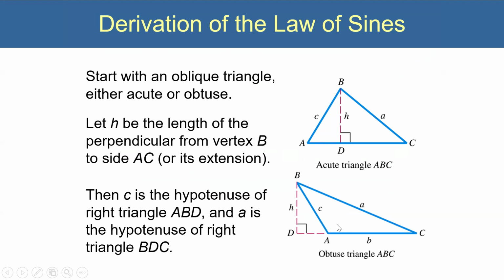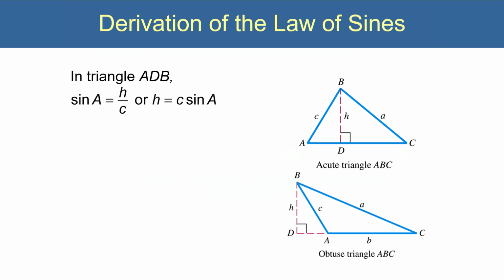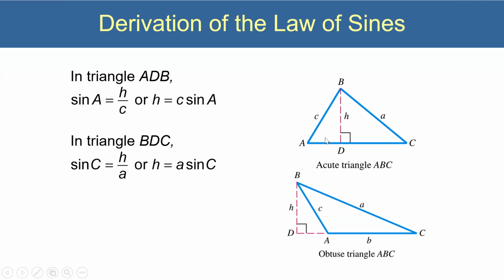Well, we've learned before that there are ways to find the hypotenuse using sine, cosine, and tangent, correct? What you actually use here is sine. So you use the sine of angle A, and the sine of angle A would be H over C. So H over C. And then therefore sine of C would equal H over A. So H equals A sine C.